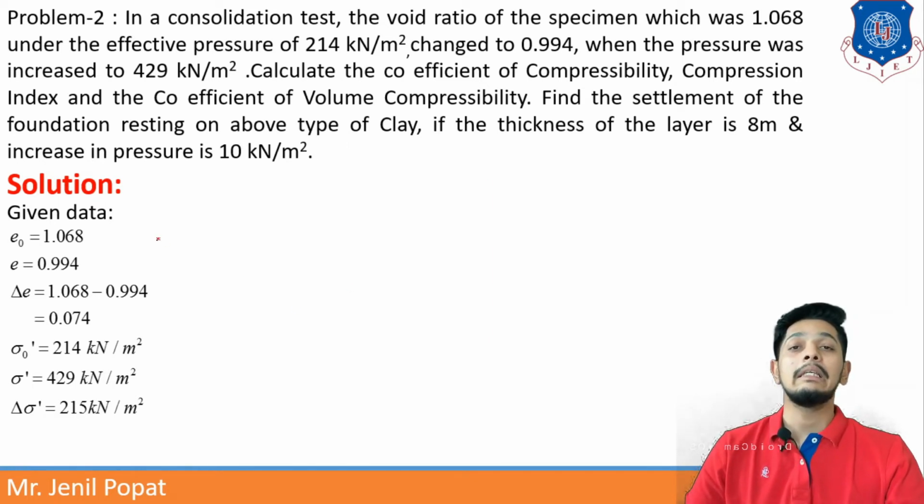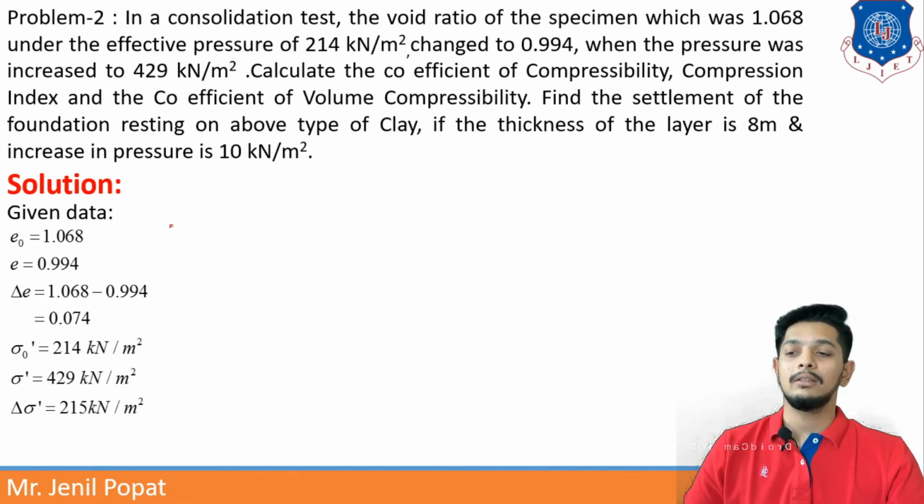In this, we are provided with e0, the initial void ratio 1.068, and e, that is 0.994. Delta e can be found out as 1.068 minus 0.994, and it comes out as 0.074.